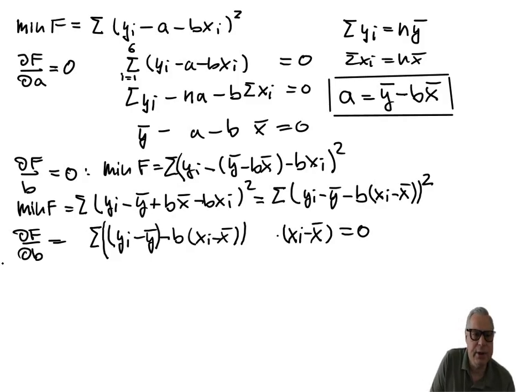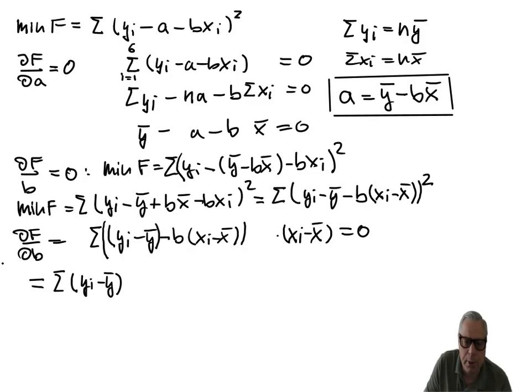Okay, so now we can just write this as the sum of yi minus y bar times the xi minus x bar, which is outside the parentheses. So this is yi minus y bar times this term.